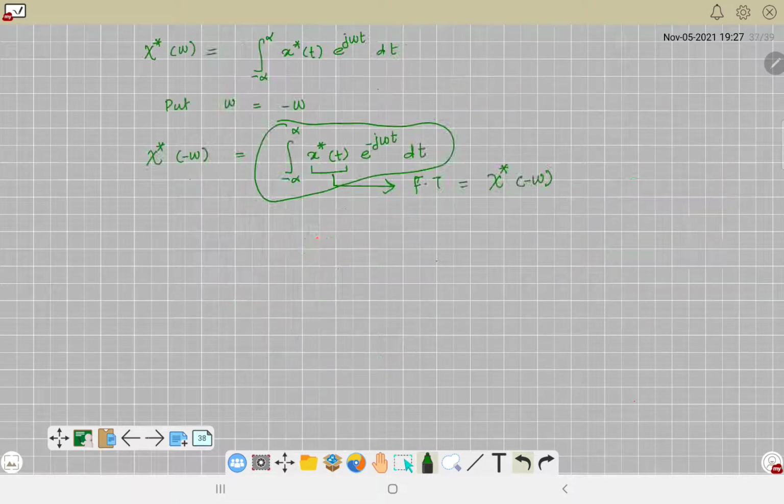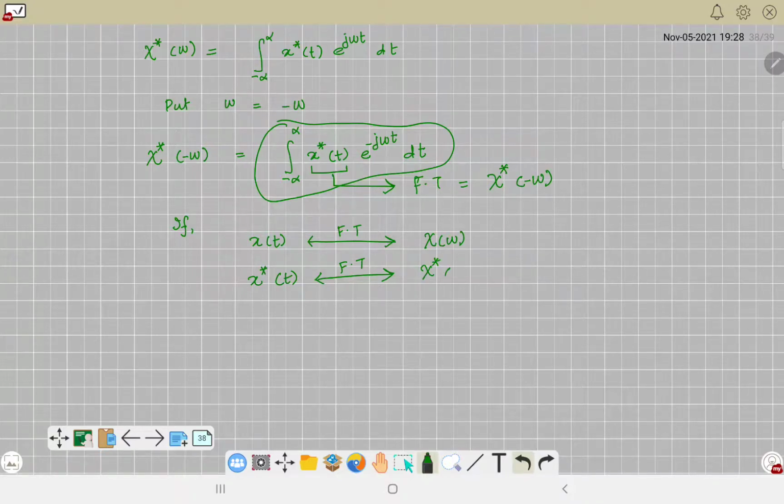Right? Comparing this and this, we conclude this. So the conjugation property states that if I have a signal x of t whose Fourier transform is X of omega, then its conjugate x conjugate t will have a Fourier transform of X conjugate of minus omega.